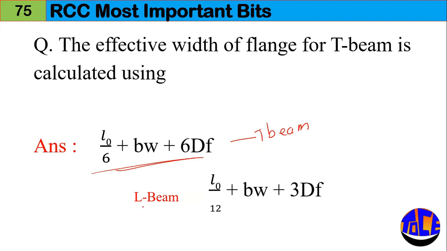Whereas for L beams it is half of this. L0 by 2 multiplied by half will be L0 by 12. So L0 by 12 plus BW plus 3 into DF for L beams, since half of 6 is 3.